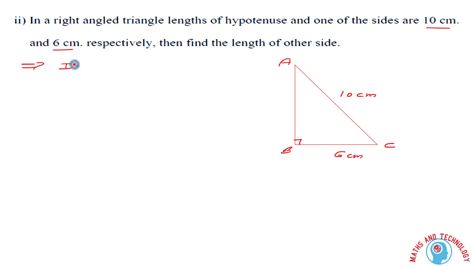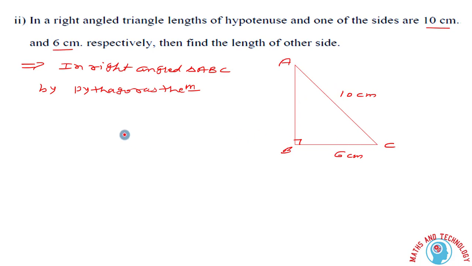In right angle triangle ABC, by Pythagoras theorem, hypotenuse square equal to AB square plus BC square.